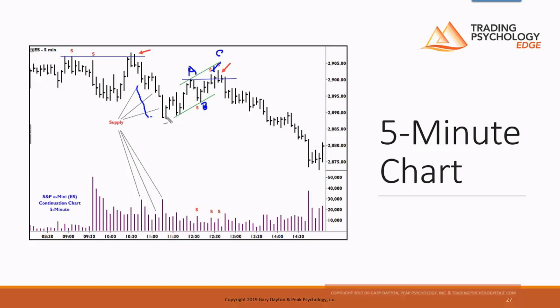And our objective, take out the low, and as soon as we do, we see the volume come into the downside, and so on.